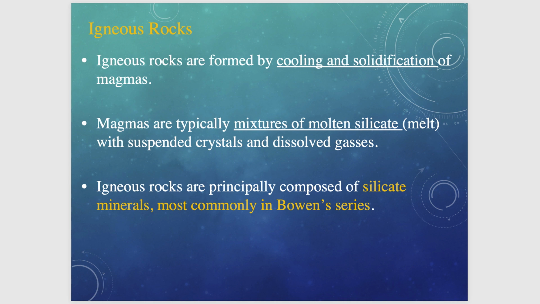Magmas are typically a mixture of molten silicate with suspended crystals and dissolved gases, so the water I was mentioning before, and also some crystals. Some of the minerals we have discussed will be found in these melted rocks. So it's not that everything gets melted.